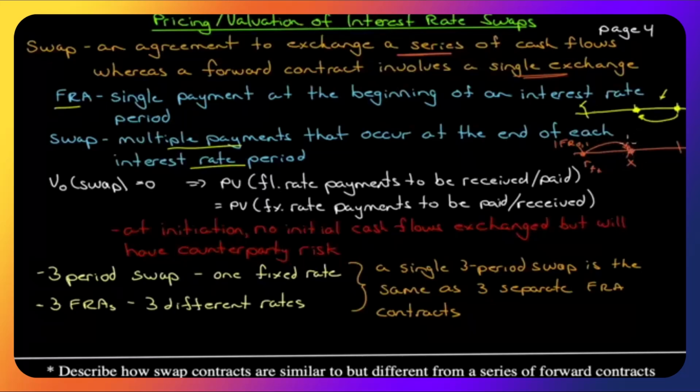At this point in time, we will know what IFR 01 is, because, just to back up a bit, at this point in time, the rate over here would be IFR 11. But once we're here, this rate now becomes the new IFR 01, and this rate stays constant. We let interest accrue. We settle up over here. So we settle up at the end of the period. Multiple payments that occur at the end of each interest rate period.